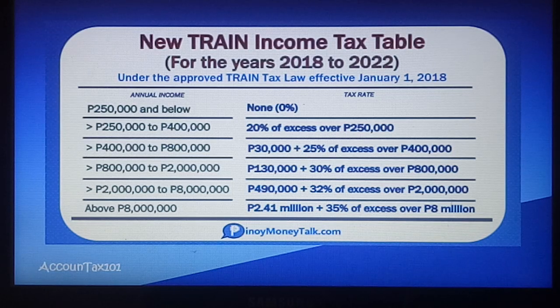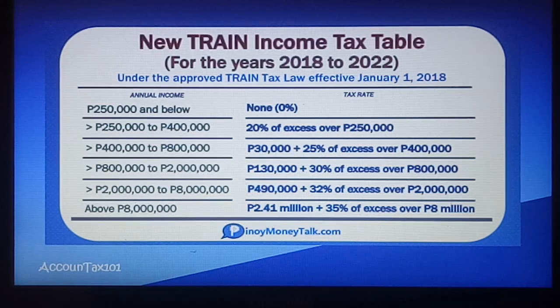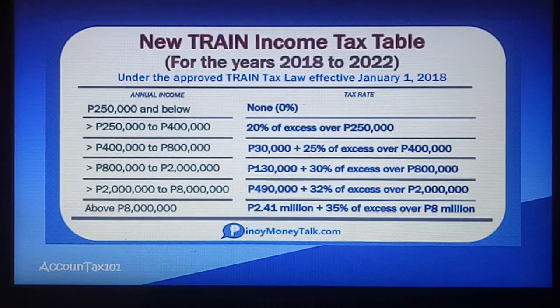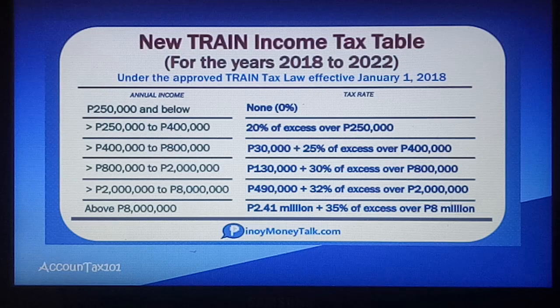Yung unang column will be the annual income. Ito yung mga brackets ng income natin. And the second column represents the tax rates. So, anong mapapansin natin, mga ka-account tax? The higher the income, the higher is the tax rate. Kaya tinawag itong graduated. The tax rate gradually increases as the annual income increases.